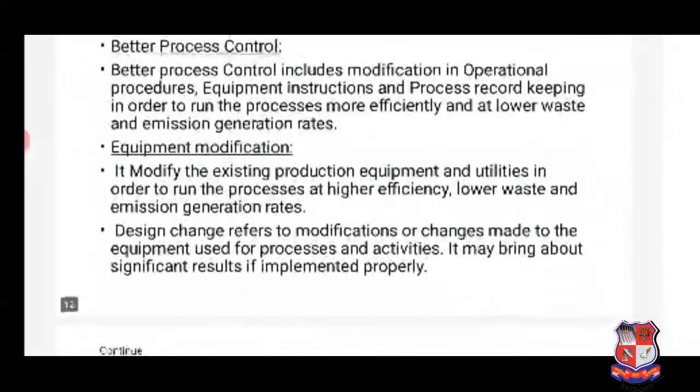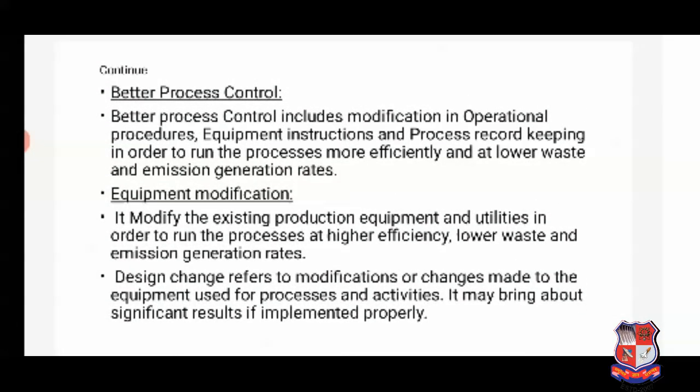Next, better process control. Better process control includes modification in operational procedures, equipment instructions and process record keeping in order to run the process more efficiently at a lower waste and emission generation rate. Same with equipment modification, it modifies existing production equipment and utilities in order to run the process at higher efficiency, with low waste and low emission generation rate.